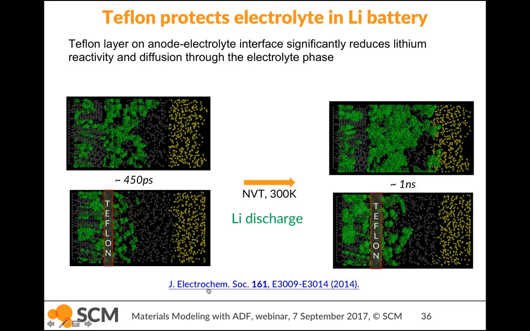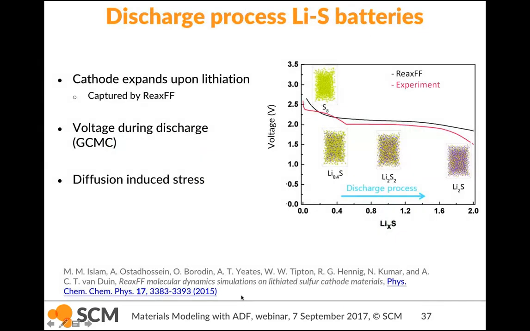So that's published here in Journal of Electrochemical Society. Then in a follow-up study, the year after that, they looked at how the sulfur cathode expands when you lithiate it. And so they look at the effect of adding lithium atoms to the sulfur phase during the discharge process and how that affects the voltage.